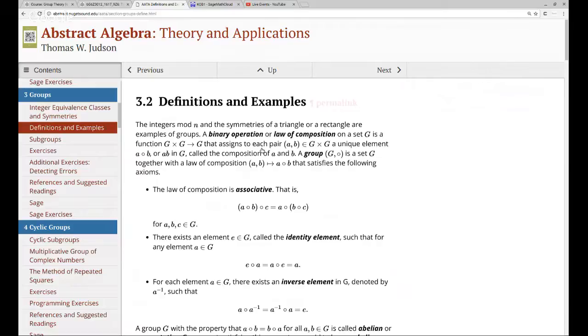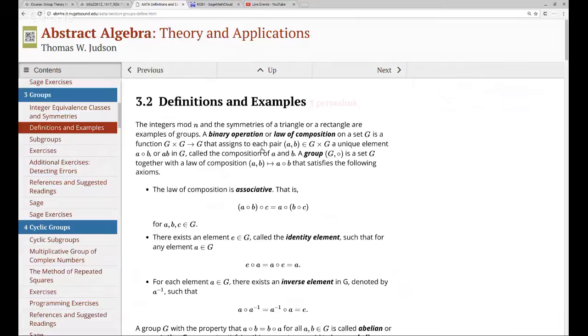You should think of this circle symbol as one example of a type of binary operation you could have: addition of numbers, multiplication of numbers, or composition of functions. Okay, so the binary there refers to the fact that there are two inputs into the operation.